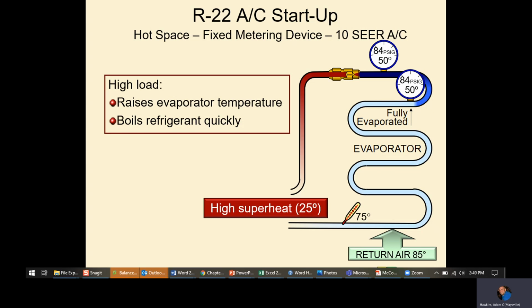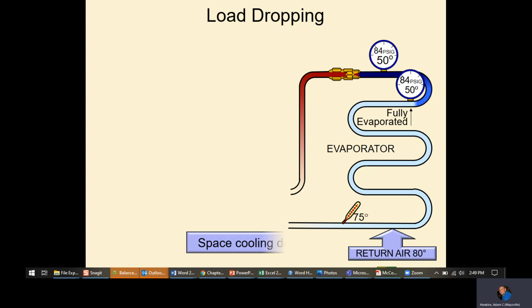You've got the same amount of refrigerant, but you're trying to do more work than normal, so obviously those readings are going to be off for a while. But as it runs and runs, it should pull everything down to the right numbers after a while. So you shouldn't have to stick around and wait for it to get there. As long as you factor in what's going on now, you should be able to leave and it should be fine. So follow your TD, follow your delta T.